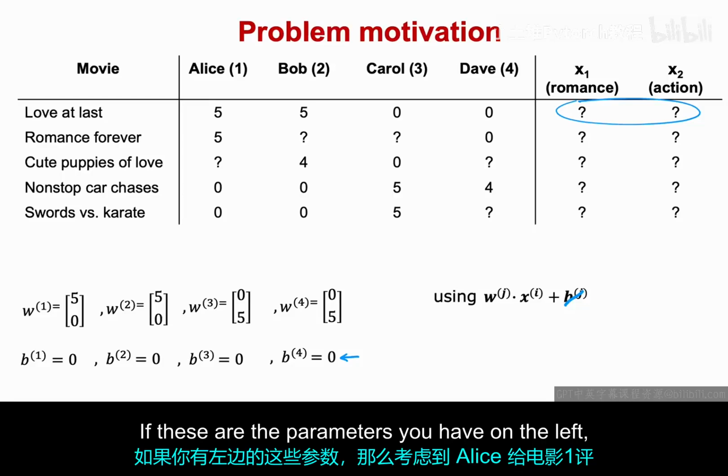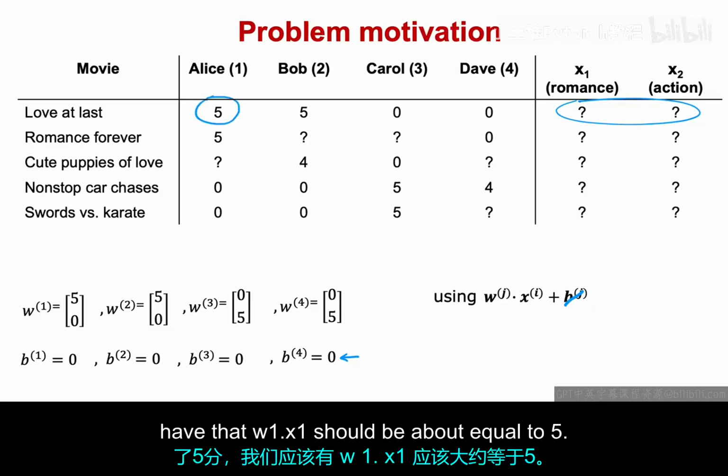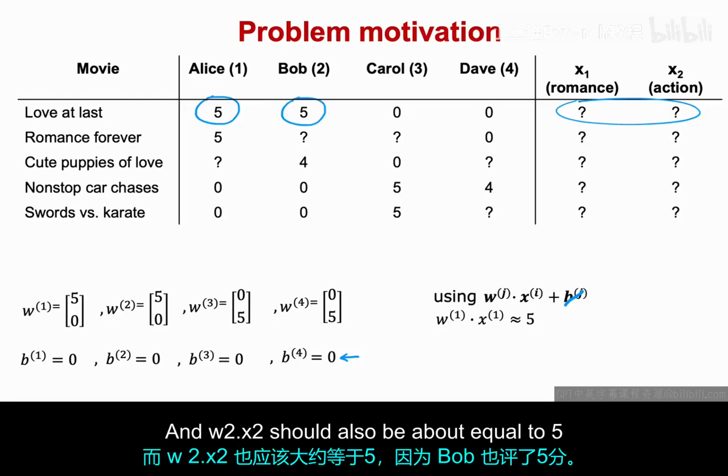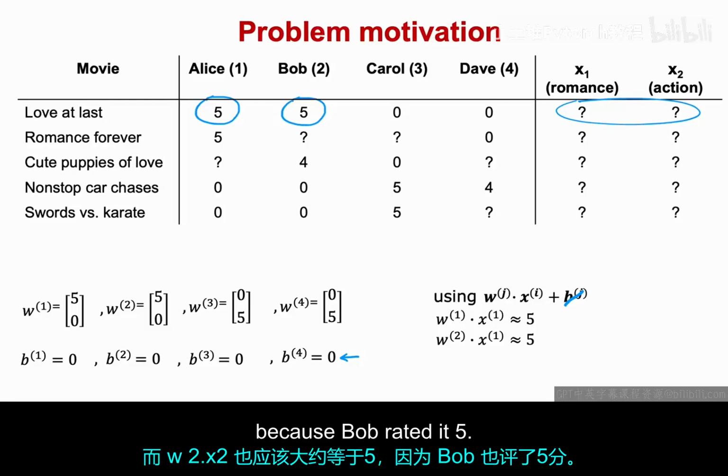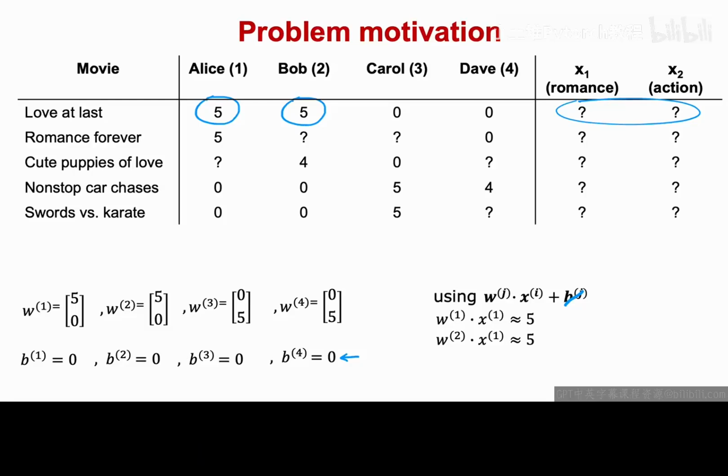Let's take a look at how we can try to guess what might be reasonable features for movie 1. If these are the parameters you have on the left, then given that Alice rated movie 1 5, we should have that W1 dot X1 should be about equal to 5. And W2 dot X1 should also be about equal to 5 because Bob rated it 5.